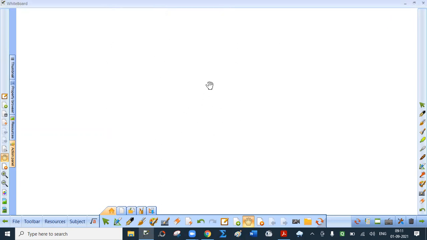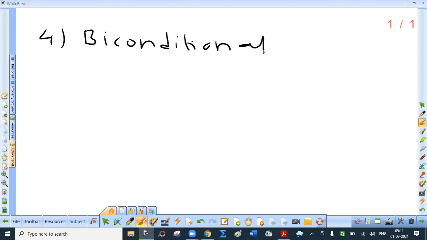Okay. Now the next is biconditional or double implication. This is interesting. Biconditional, or double implication. This is the symbol for double implication. A compound statement formed by combining two given simple statements by the connective phrase if and only if.